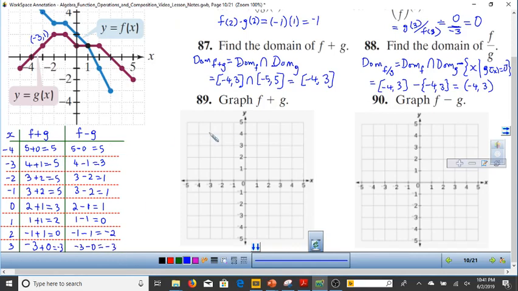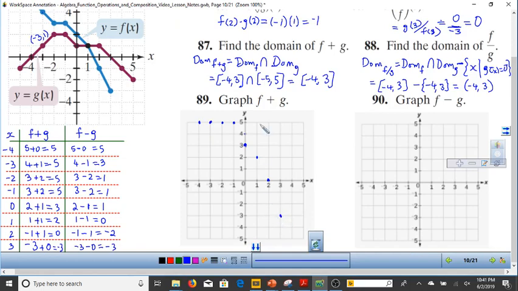For f plus g of x, at -4 we plot 5, at -3 we plot 5, at -2 we plot 5, at -1 we plot 5, at 0 we plot 3, and at 1 we plot 2, at 2 we plot 0, and at 3 we plot -3.